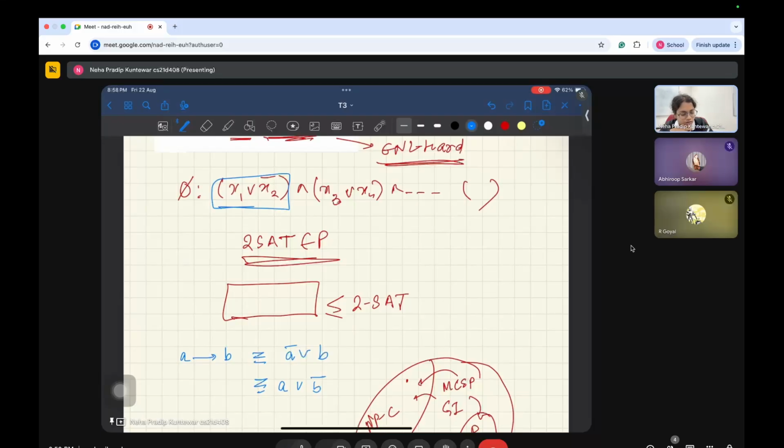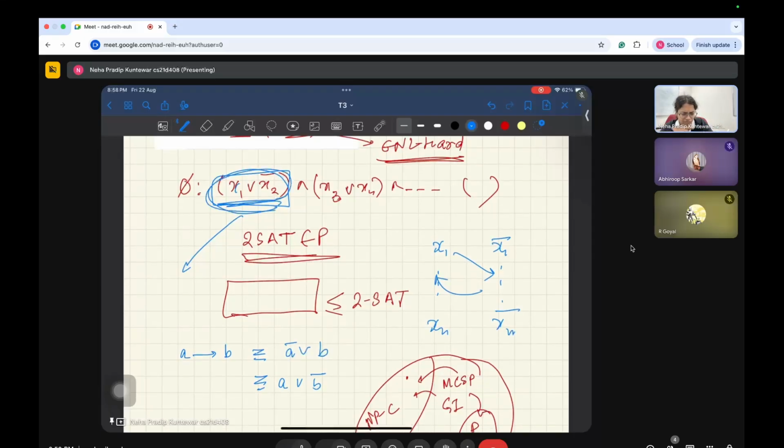So from here I can come up with an implication graph. The vertices are x1 to xn and x1 bar to xn bar. Whenever you see a clause, we are going to draw two edges per clause.